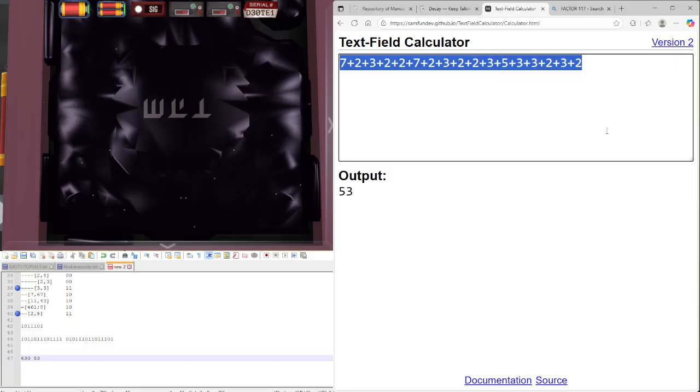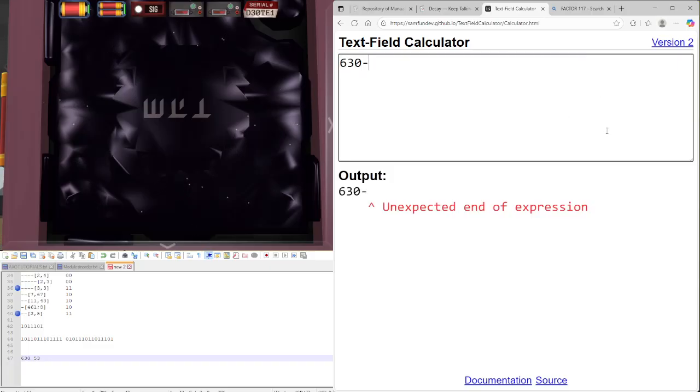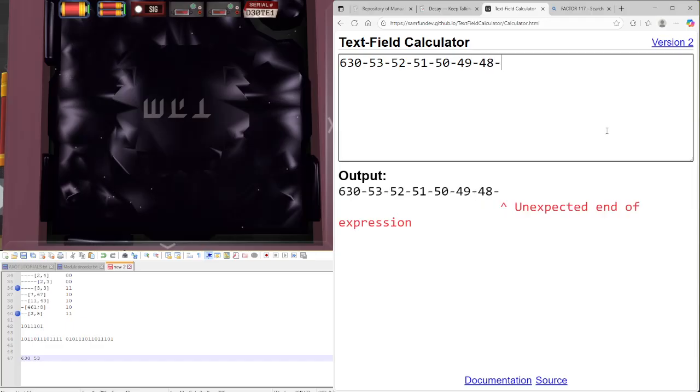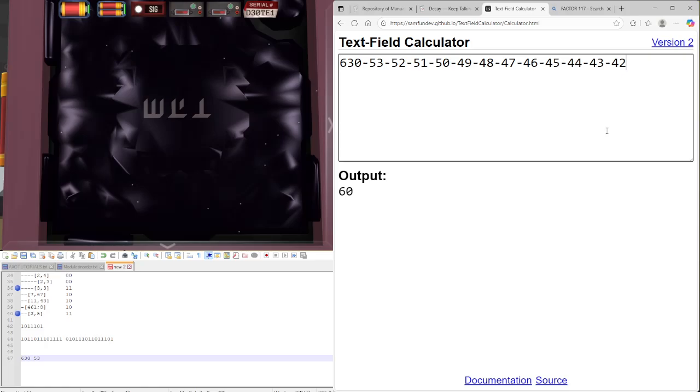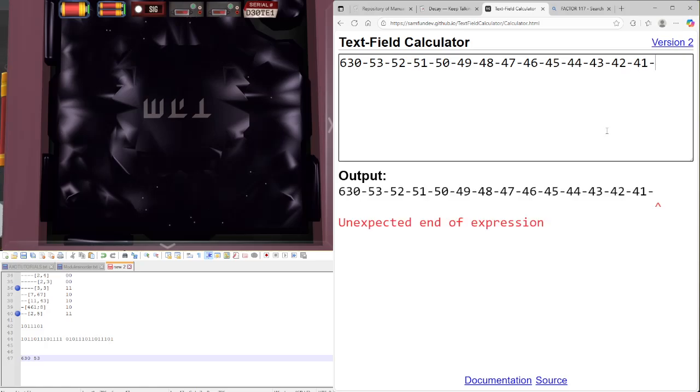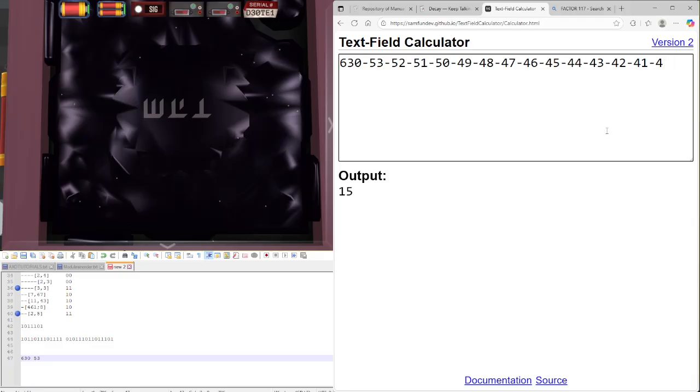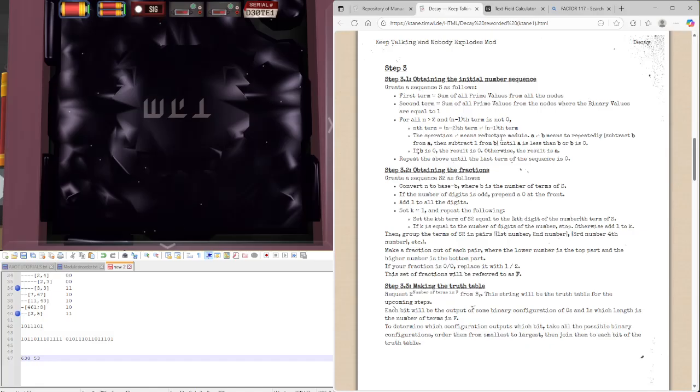So we have minus 53, minus 52. Six, 5, 4, 3, 2, 1, 40. So yeah, looking at that, to A is less than B, it'll be 0.